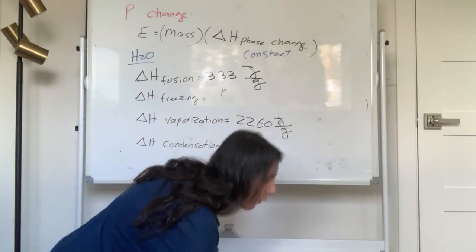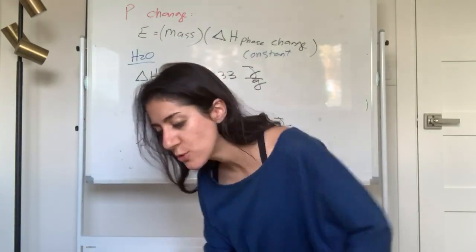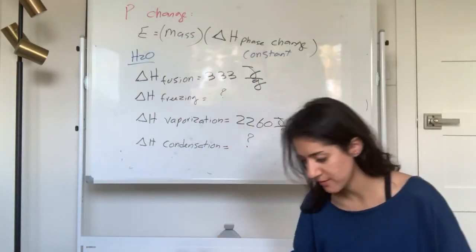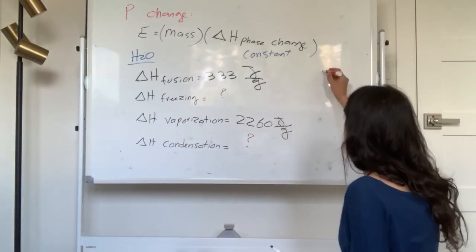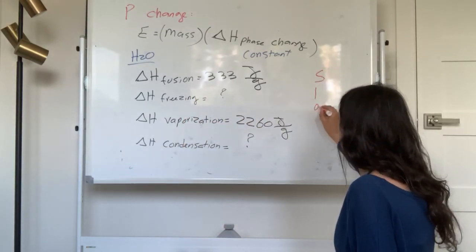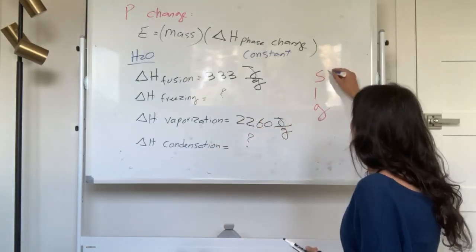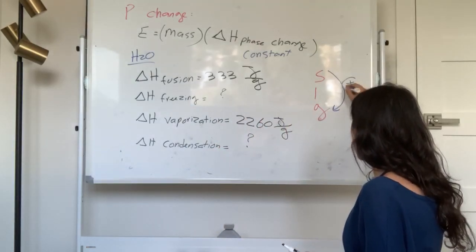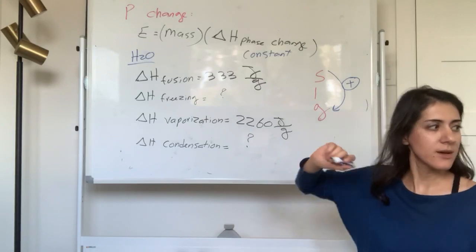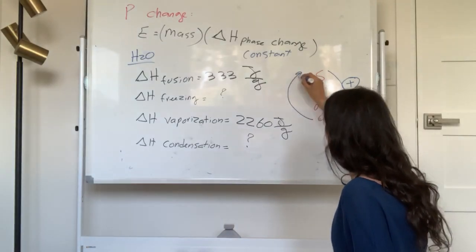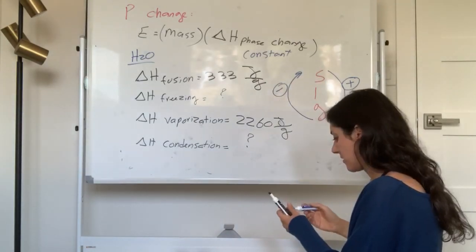Okay. Now, I'm going to put up the chart that I said when you go to Chem 1B. Then you're going to think about me like, she wasn't that bad. She gave us this chart. Solid, liquid, gas. You come down, endothermic reaction, you agree? You go up, exothermic reaction.